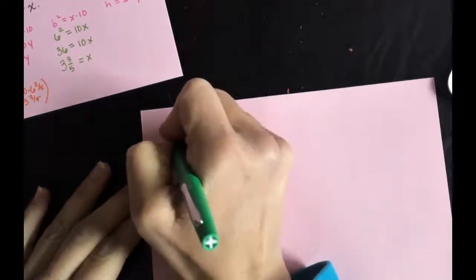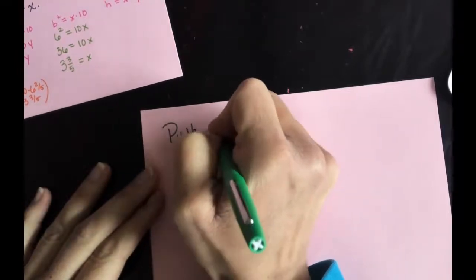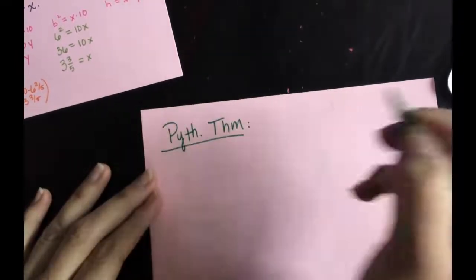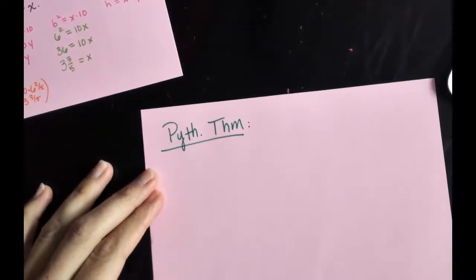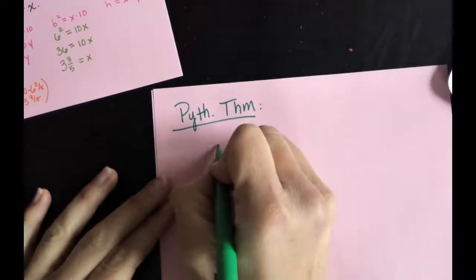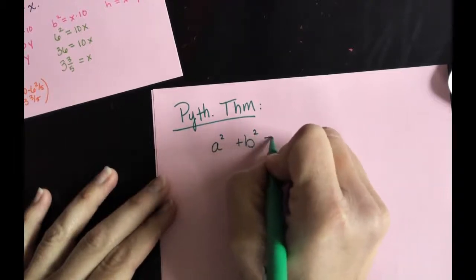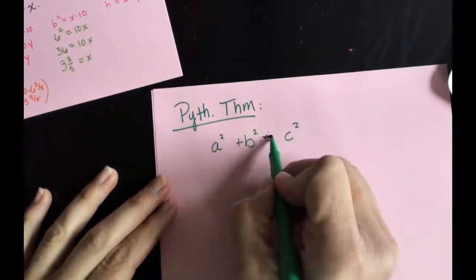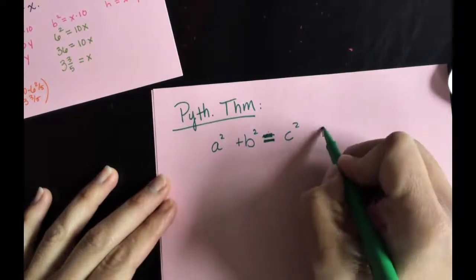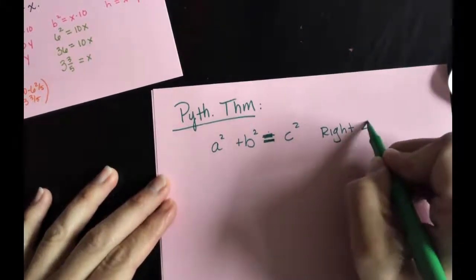So I want to remind you that we have our Pythagorean theorem questions. With our Pythagorean theorem, you had a squared plus b squared; if they were equal, we ended up with a right triangle.